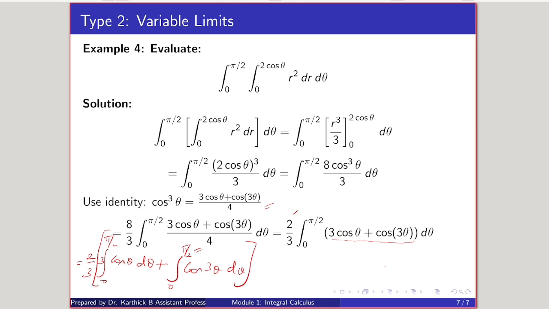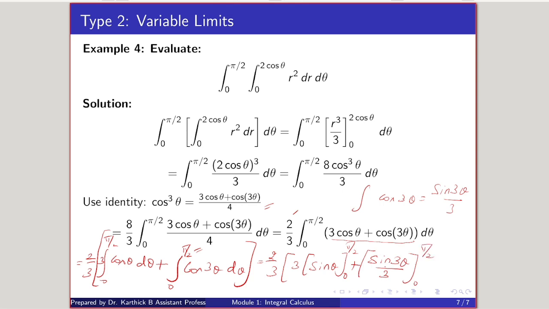So we already know that the integration of cos will be sine, and the integration of cos 3 theta will be sine 3 theta by 3. So here it becomes 2 by 3, then 3 times sine theta from 0 to pi by 2. We know that sine 90 will be 1 and sine 0 will be 0, then plus sine 3 theta by 3, from 0 to pi by 2.